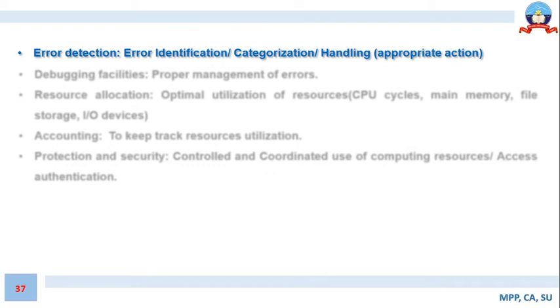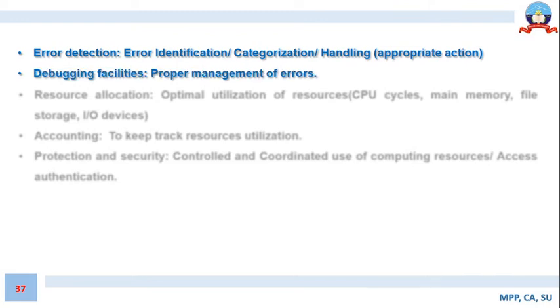The operating system should be capable of identifying all possible exceptions, then deciding on an appropriate mechanism for handling them and recovering from them. This is very much important. So it should be error detection and error handling: error identification, error categorization, and error handling.